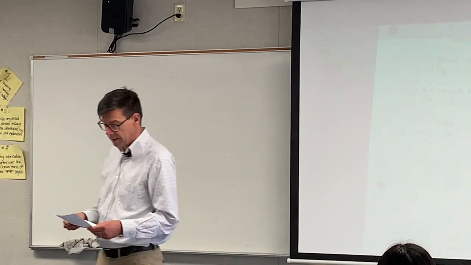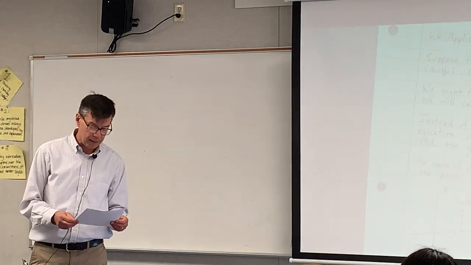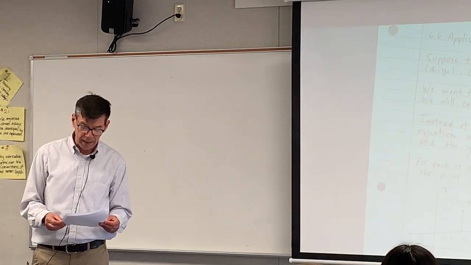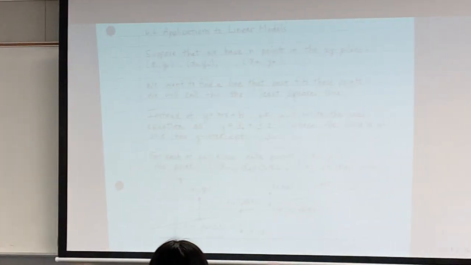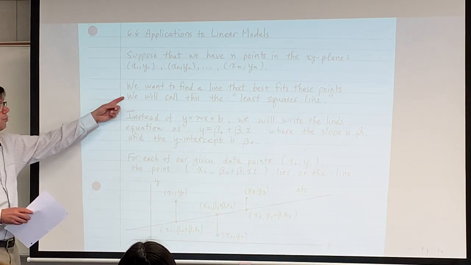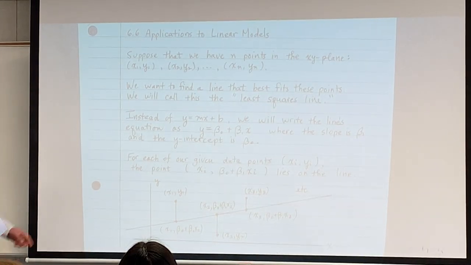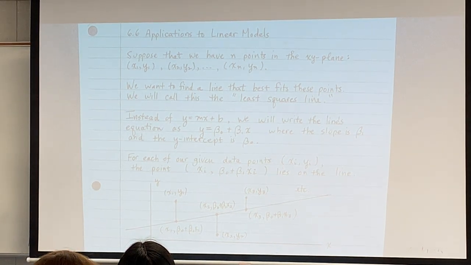We have data points x1, y1, x2, y2, through xn, yn, sitting in the x-y plane. We want to find a line that best fits these points. And we call that the least squares line, because a bunch of squares will be involved in the calculation.